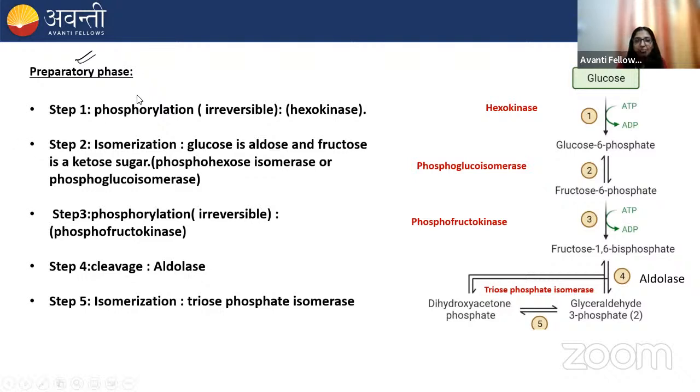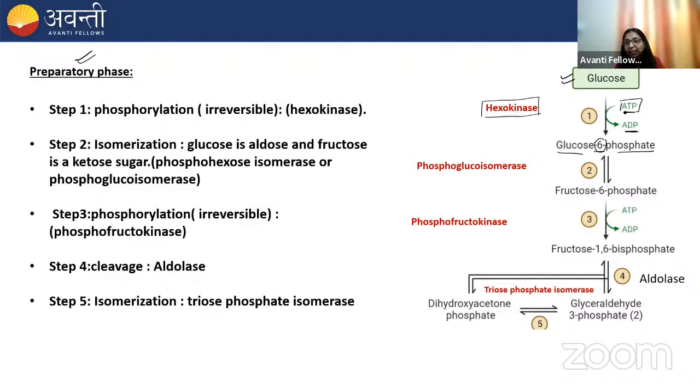So the first step is the phosphorylation step. As you can see, the glucose is converted to glucose 6-phosphate. At the 6 position, the phosphate group is attached, and the enzyme involved in this reaction is hexokinase. This enzyme requires ATP.